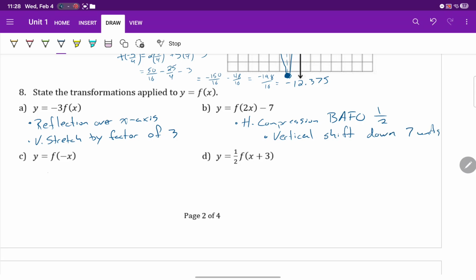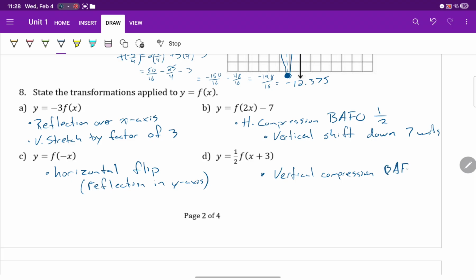Okay, this one here, horizontal flip, or you could say reflection in the y-axis, and this one here is a vertical compression by a factor of 1/2, and a horizontal shift, right, or sorry, no, wow, left 3 units.